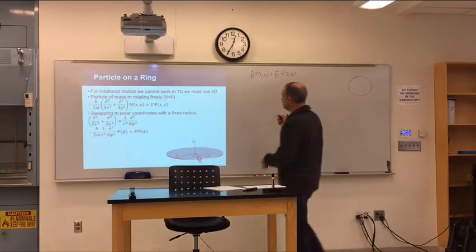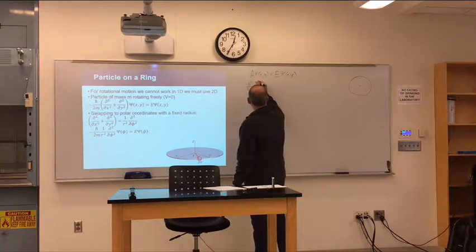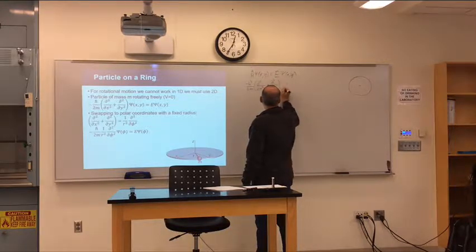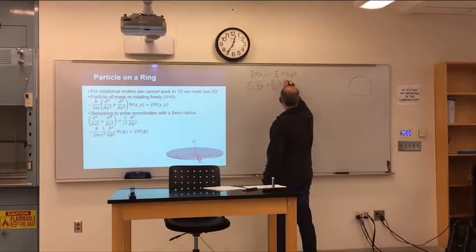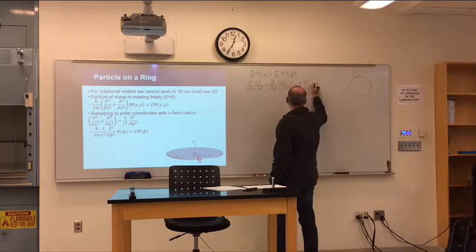So if we write this out, that would be minus h bar squared over 2m times the second partial derivative with respect to x plus the second partial derivative with respect to y, applied to our wave function, and that's equal to our energy times our wave function.